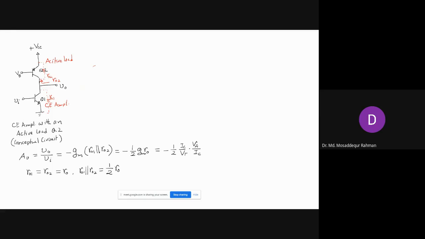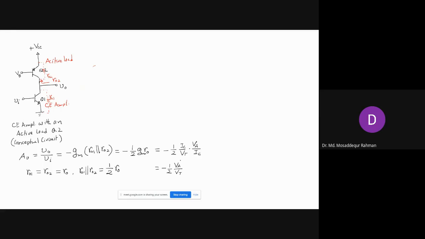So what we see is that IC and IC will cancel out and we'll be left with minus half VA by Vt. So that is our gain expression. The interesting thing here is that the gain is independent of the current IC.